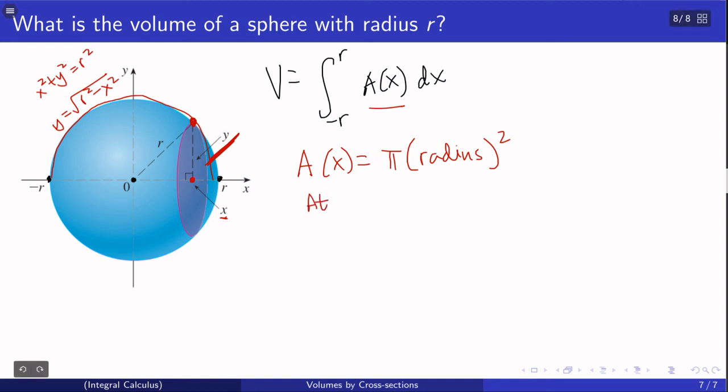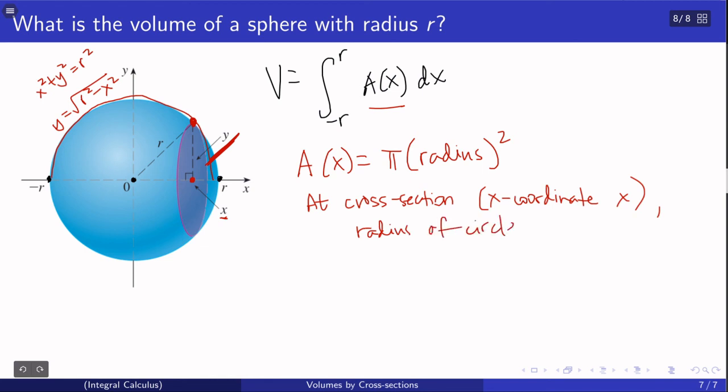So at my cross-section with x-coordinate, I'm just going to use x here, the radius of the circular cross-section is the square root of r squared minus x squared.